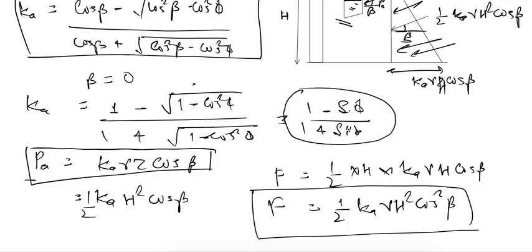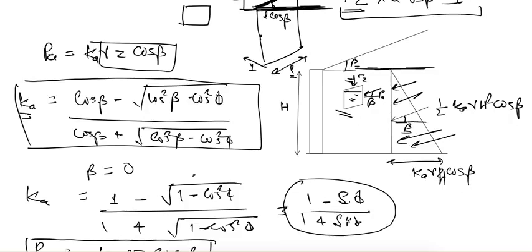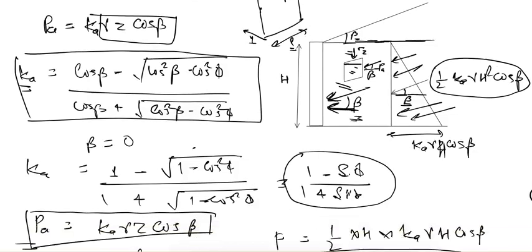You can remember this pressure formula, and you should remember the active earth pressure coefficient, and that this resultant lateral active earth pressure, in this case, is not acting in the horizontal direction, it is acting in the direction of this inclined slope, that is at an angle of beta.